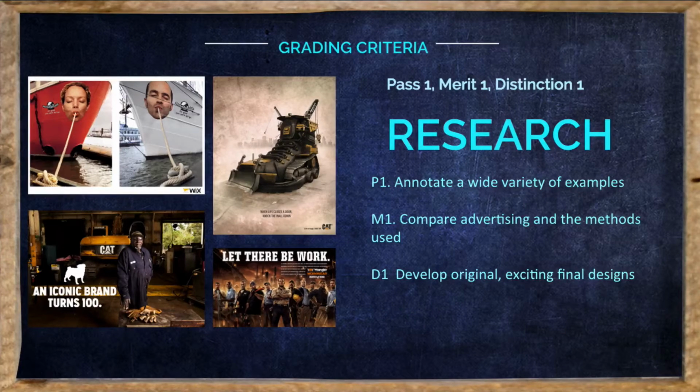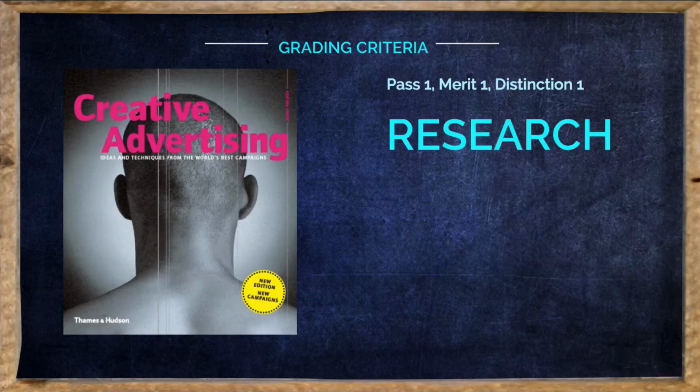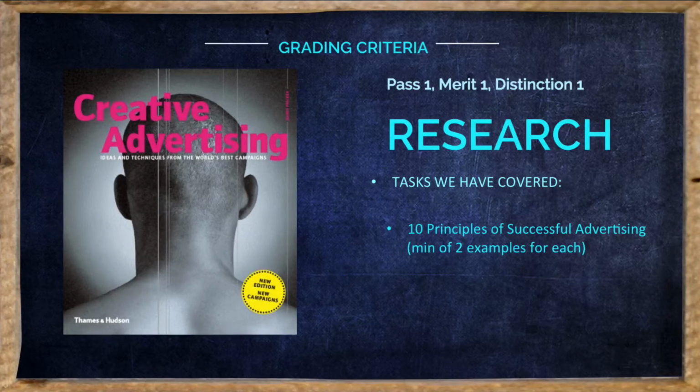So using the research that you've done and the idea generation to create a really good final. So basically, for you to be able to discuss a broad range of advertising designs, I've actually set you some research tasks already. One of the tasks that we covered was the 10 principles of successful advertising, and you were asked to create at least 2 examples of annotation for each example of the principle.